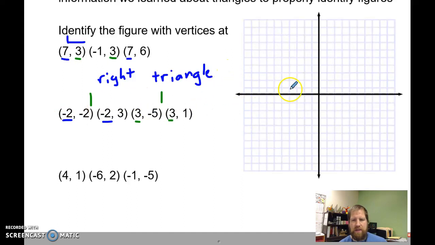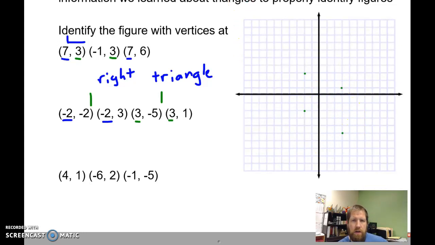Okay, you always need to classify them by the most specific name. So let's plot these out. So I've got -2, -2, and -2, 3, and then I've got 3, -5, and 3, 1.